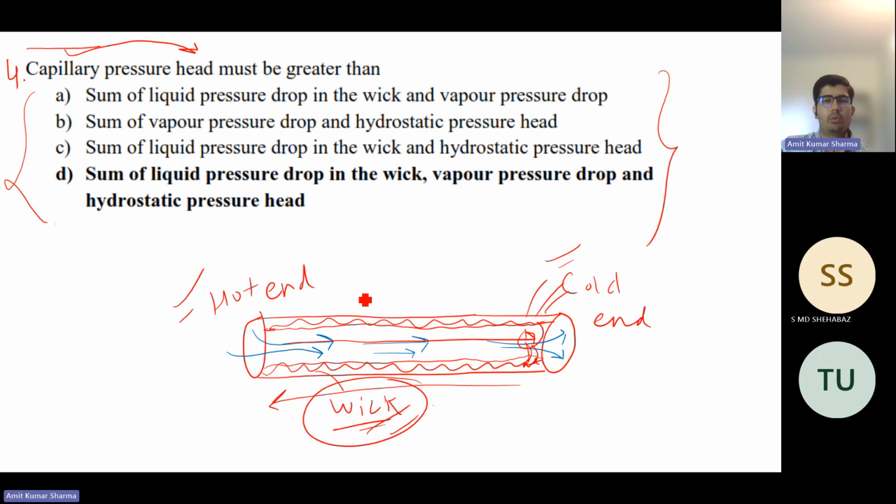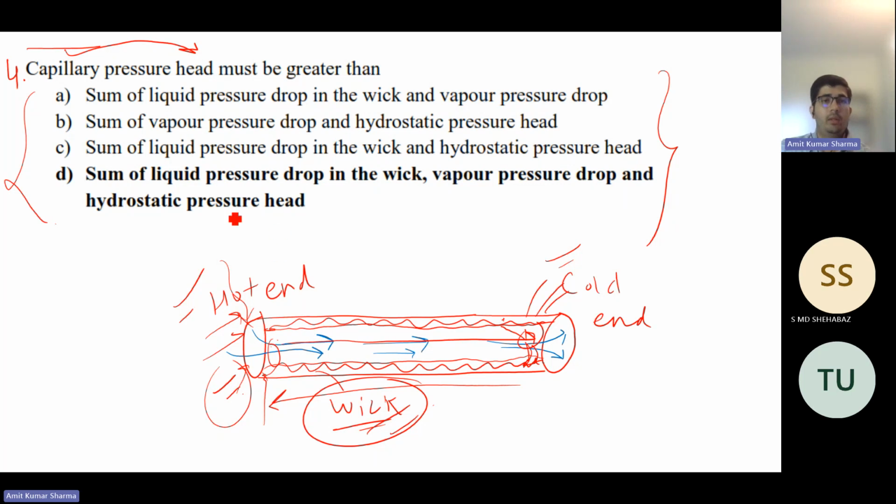The liquid droplets go to the wick, and the wick, using capillary action, transports this liquid to the hot end, and again at the hot end the liquid absorbs heat from outside and becomes vapor. In this way the heat pipe works.